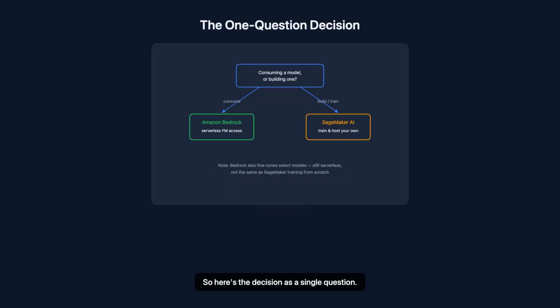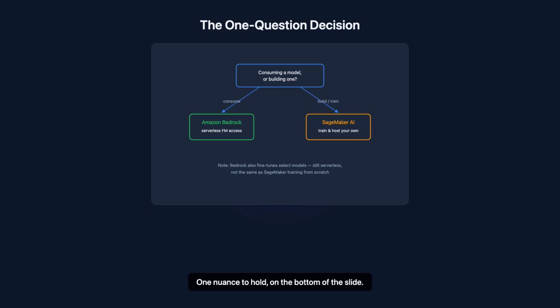So here's the decision as a single question. Are you consuming a model or building one? If you're consuming, go left, Amazon Bedrock, serverless foundation model access. If you're building or training your own, go right, SageMaker AI, where you train and host it yourself.